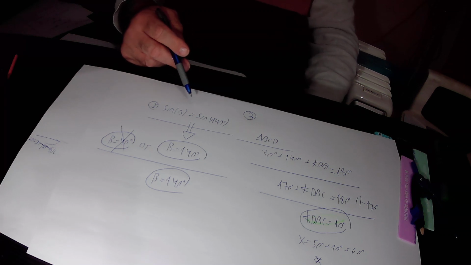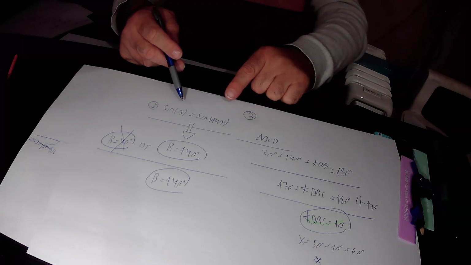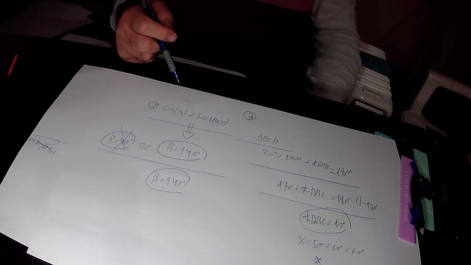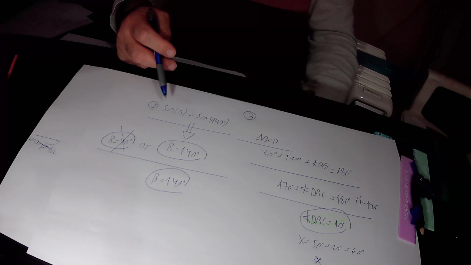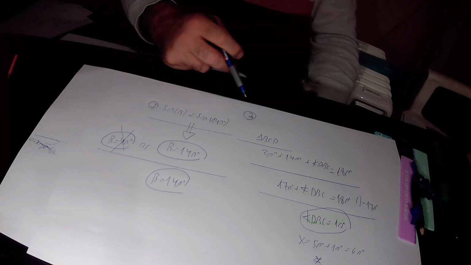If sin beta equals sin 140 degrees, it means that beta equals 140 degrees. So we have two solutions for beta: beta could equal 40 degrees, or it could also equal 140 degrees.